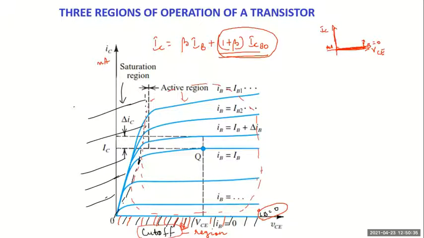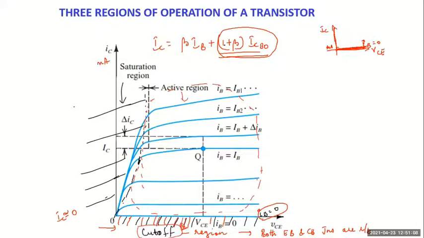Okay. So remember, what happens in cutoff? We had already analyzed. In cutoff, both junctions, the emitter base and collector base junctions, are reverse biased. If both junctions are reverse biased, you can expect the current to be almost 0, because the majority component is not there.